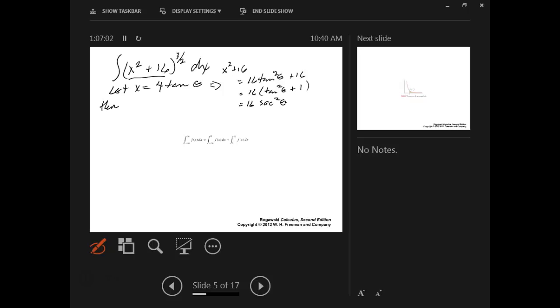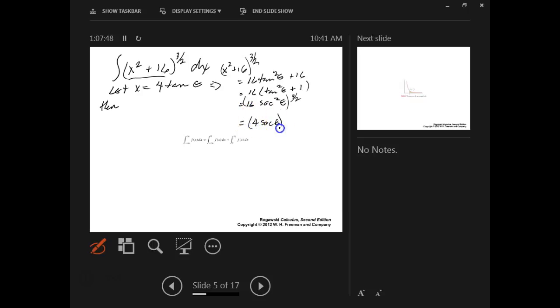Now, there's one other thing we do. Well, actually, a couple of things we could do. Because this thing here, this x squared plus 16, is raised to the 3/2 power. If we raise this to the 3/2 power, what I would like to do first is take the square root of it. What's the square root of that thing? 4 secant theta, right?